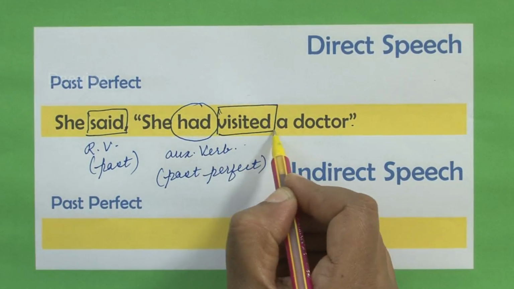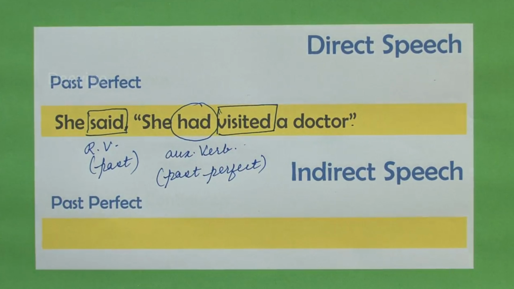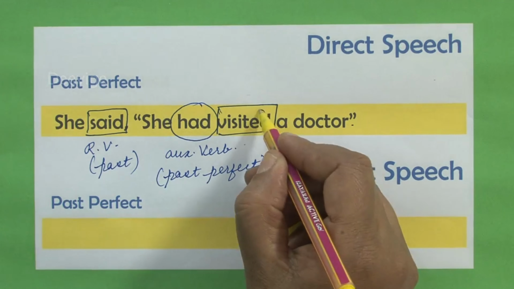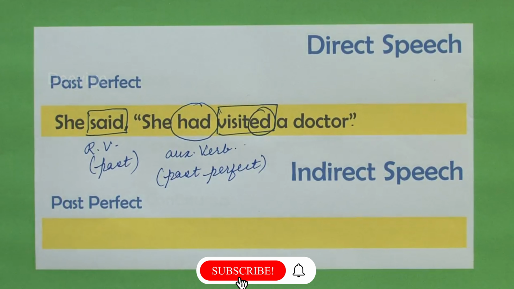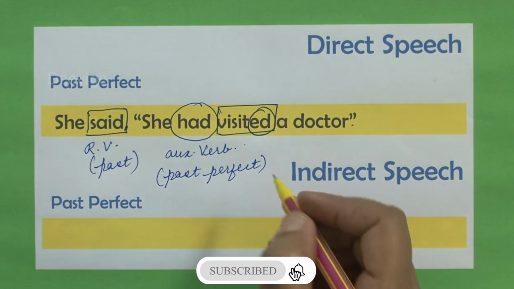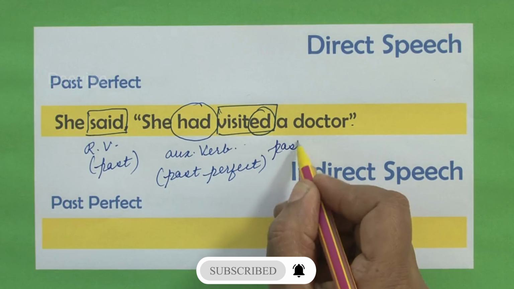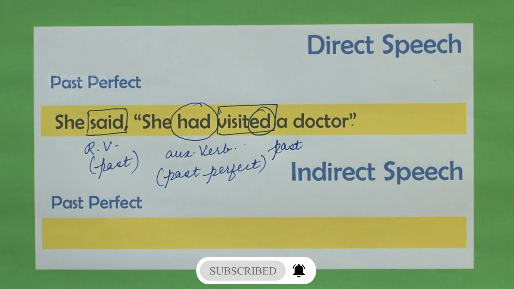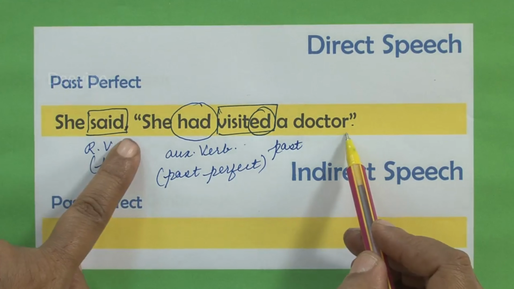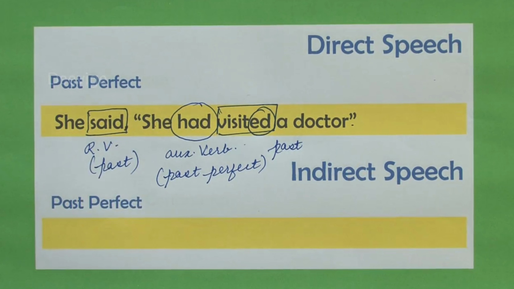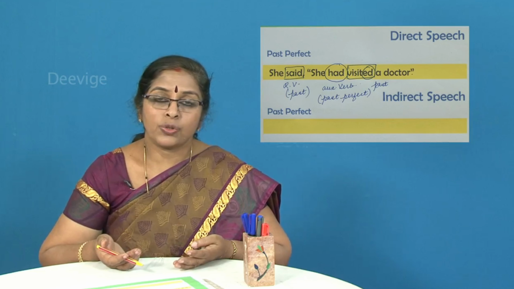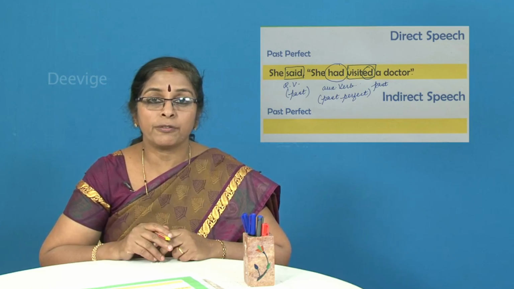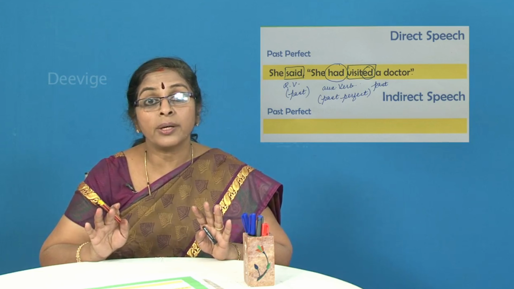Visited is the main verb. Now, visited ends with the letters ed. So, if the verb ends with the letters ed, what does it indicate? That it is in the past tense. So, what is the tense of the sentence, she had visited a doctor? It is in past perfect tense. Now, if the sentence that is given to us is already in the past perfect, the tense will not undergo any change.